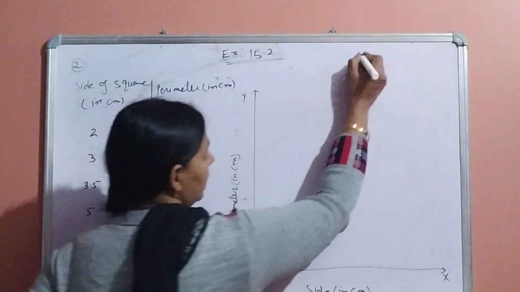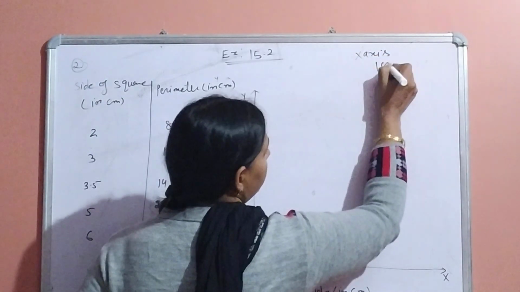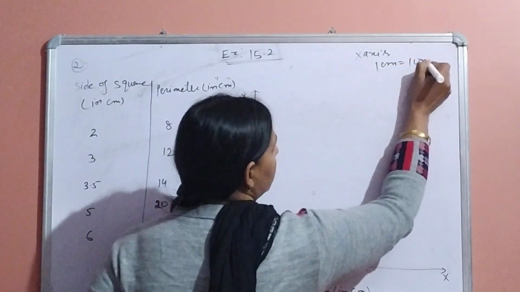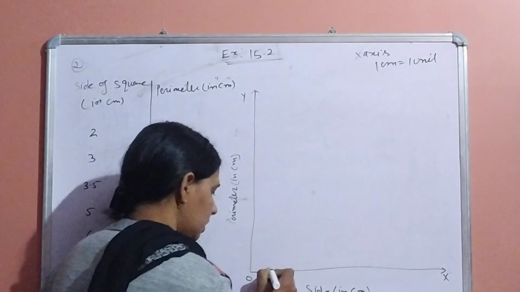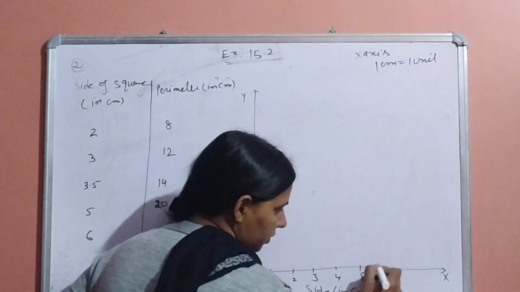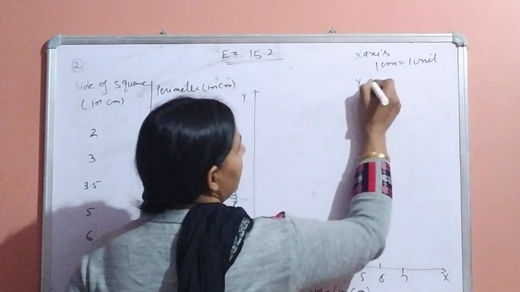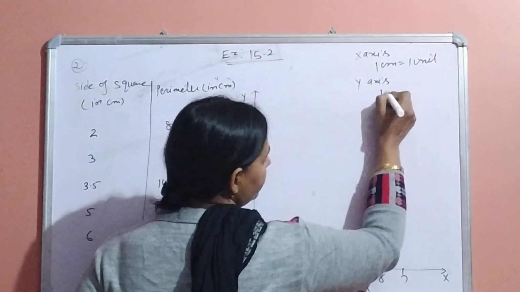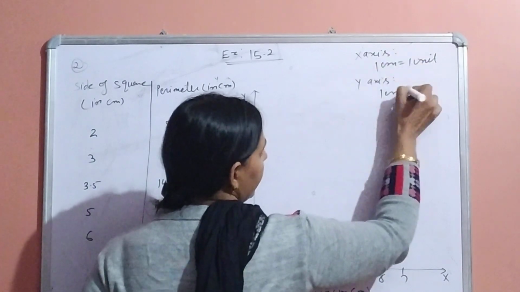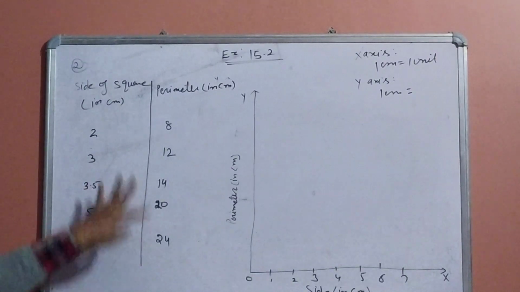So we are choosing a scale along the x-axis: 1 centimeter is equal to 1 unit. 1, 2, 3, 4, 5, 6, 7 and so on. Now on the y-axis, perimeter 8, 12, 14, 20, 24.